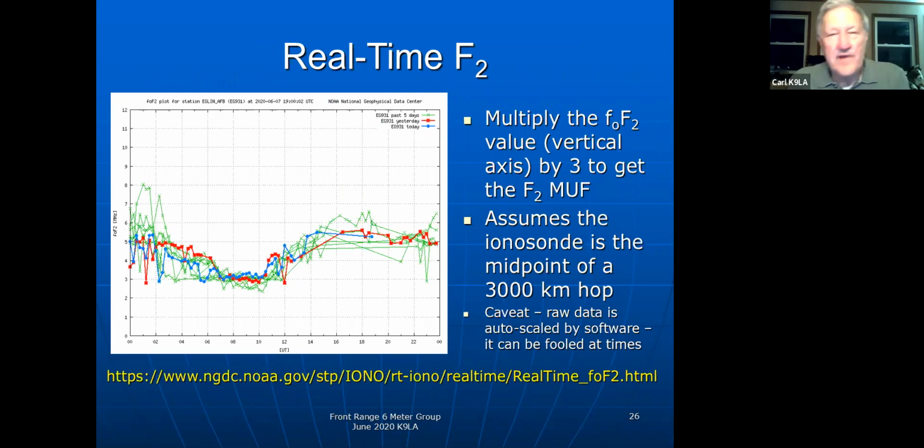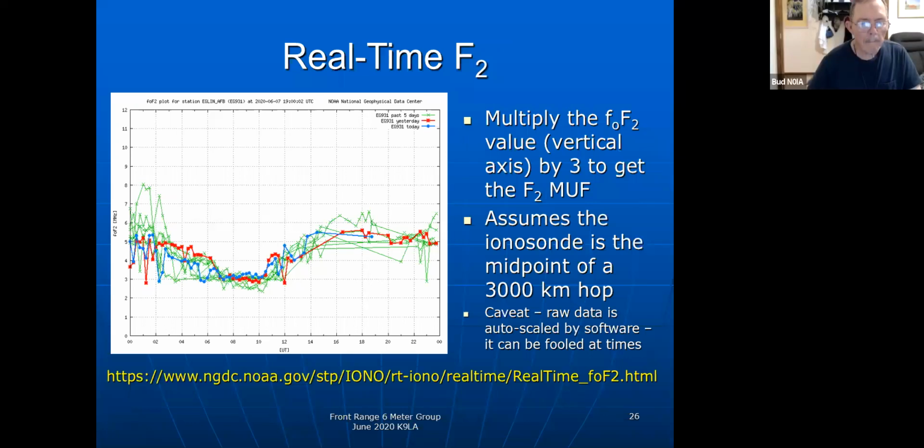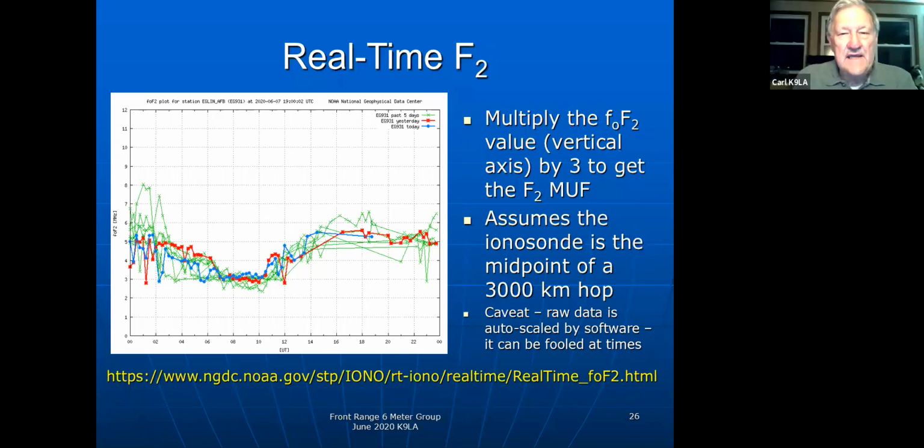I picked Eglin Air Force Base in Florida, and you can see that today's data is in blue, yesterday's data is in green, and the past 5 days are all jumbled together, so you can't really tell which are which, but you can see today and yesterday very easily.